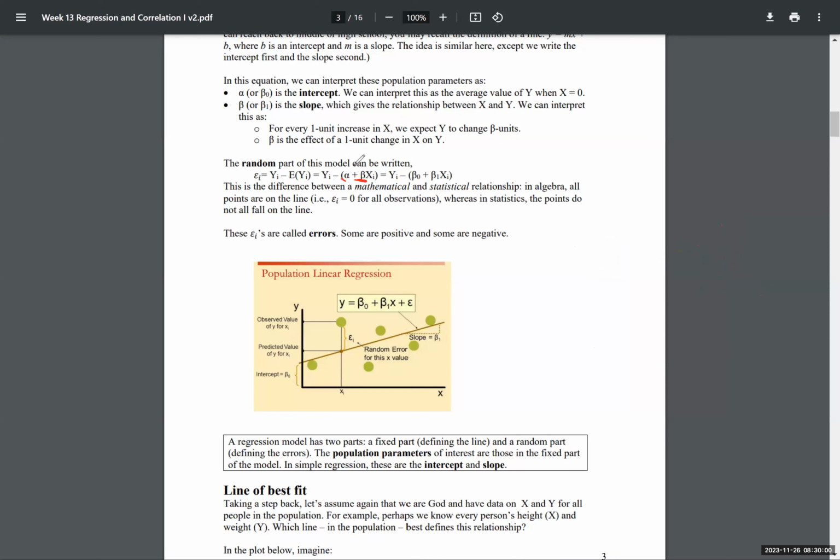So as x goes up by 1, y changes by beta units. That's the idea here. And because the regression line doesn't perfectly recreate the observations, you can see these green dots, that's the yi's. The y hat i's fall on the regression line. There's error.